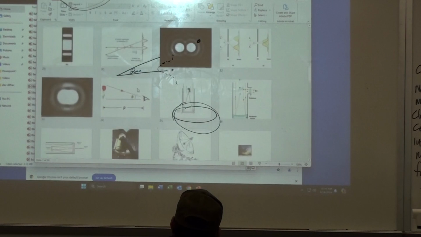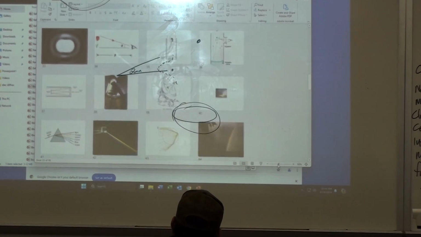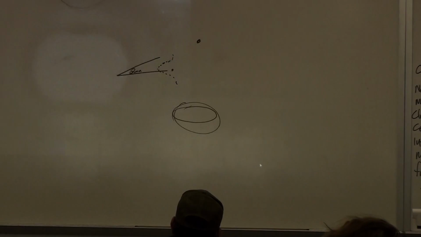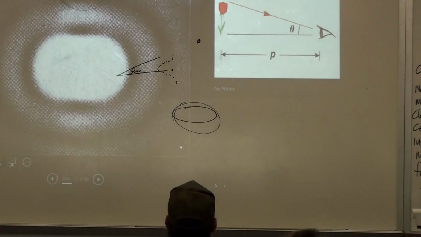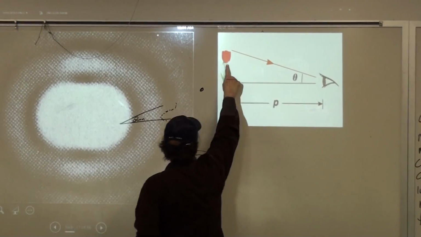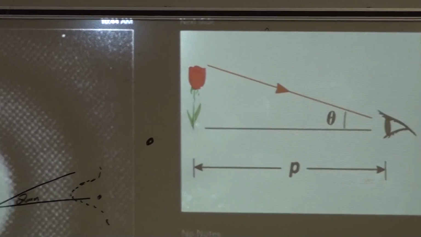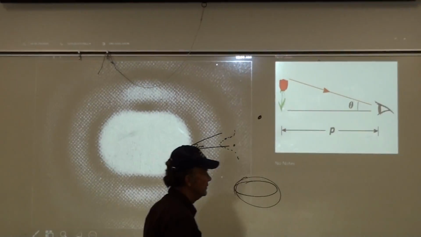Here we want to see what's the diameter of the circular aperture that will allow for resolution of a certain height newsprint.